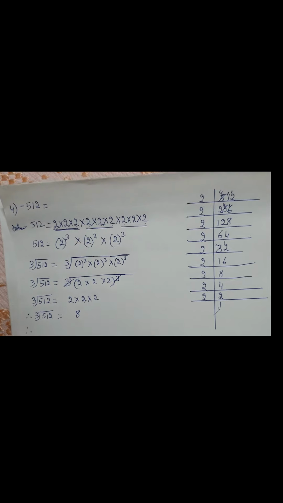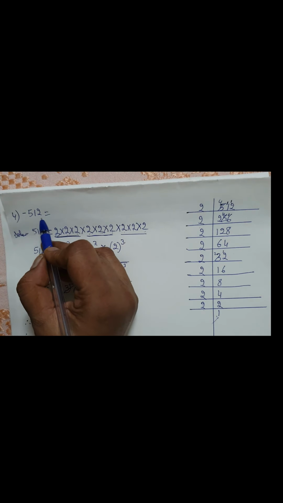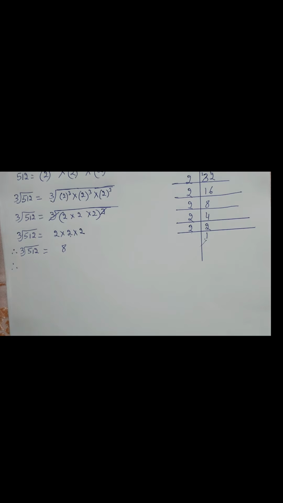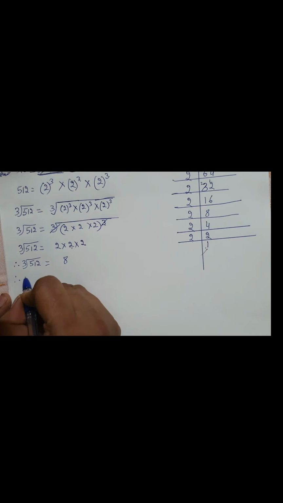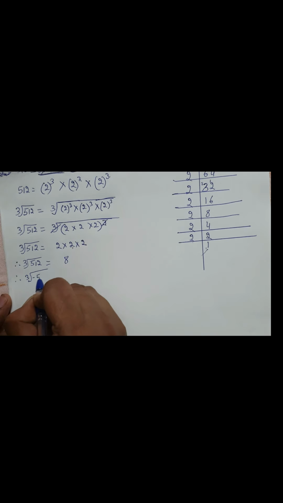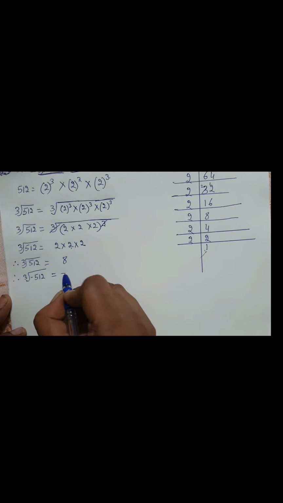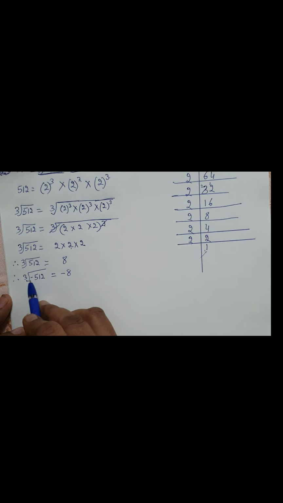Now in our question it was minus 512, so cube root of minus 512 is equal to minus 8. When here there is minus, even here it will come minus.